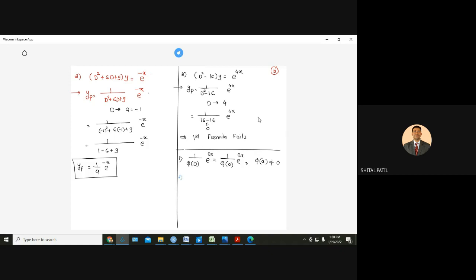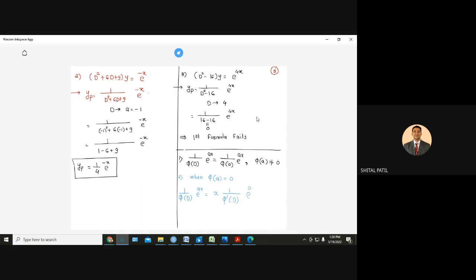This is known as second formula. When phi of a equal to 0, then 1 upon phi of d operated on e raised to x is equal to x times 1 upon phi dash of d operated on e raised to x. Instead of phi, we have to take derivative of phi. Phi dash is the derivative.